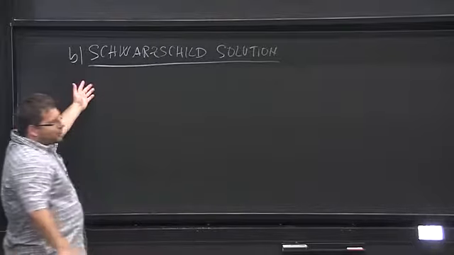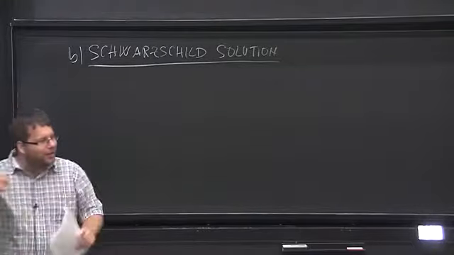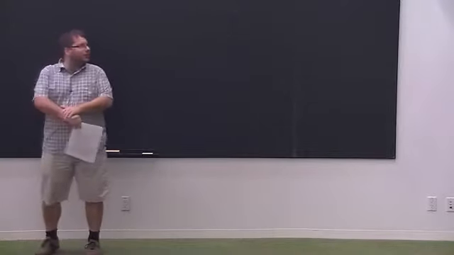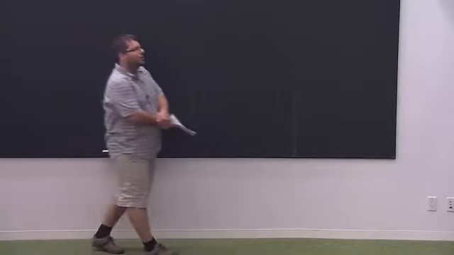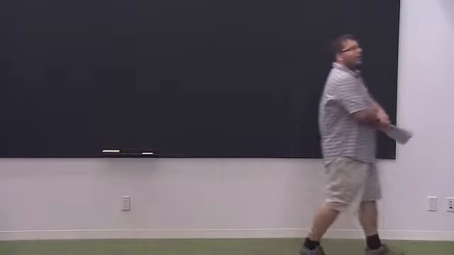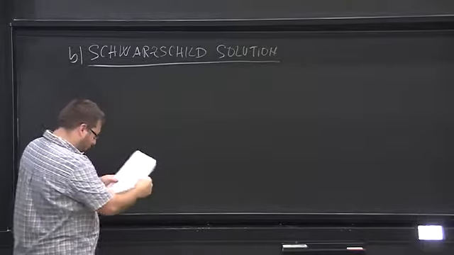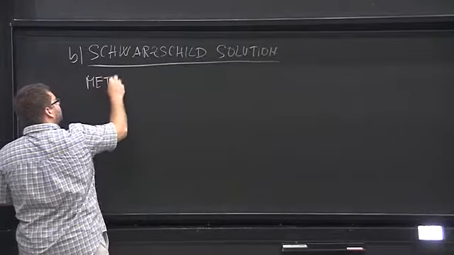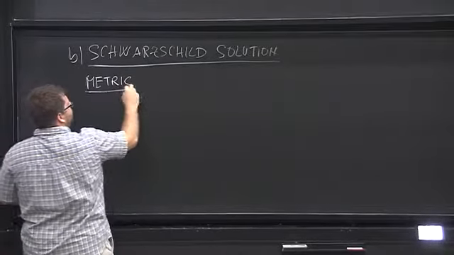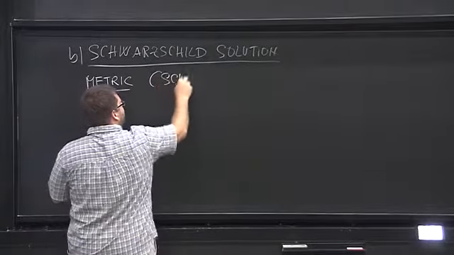Now, Einstein actually never believed that exact solutions of his equations could be found. And so he was really, really surprised that 1 month after he published his equations, Schwarzschild came with an exact solution. So the metric, which is due to Schwarzschild in 1916.